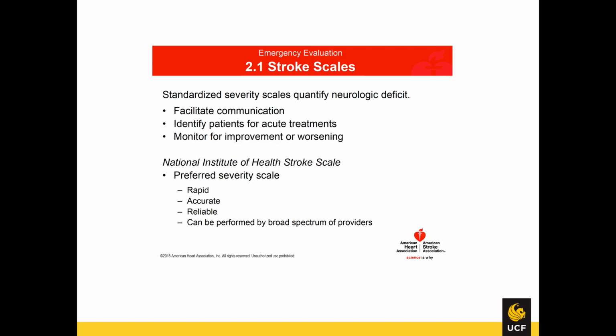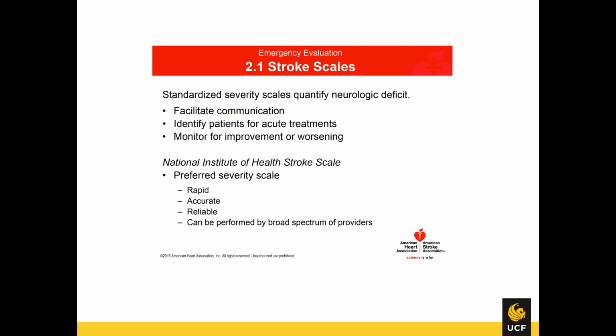Okay, moving to emergency evaluation. Stroke scales. These are standardized severity scales that quantify the amount of neurologic deficit that your patient is experiencing. The good thing about these is they're universally applicable, so they can help facilitate communication, they can identify patients for acute treatments, and you can also monitor for improvement or worsening.